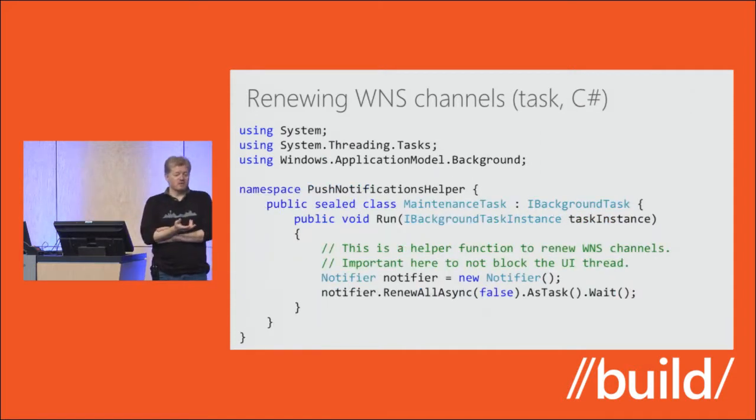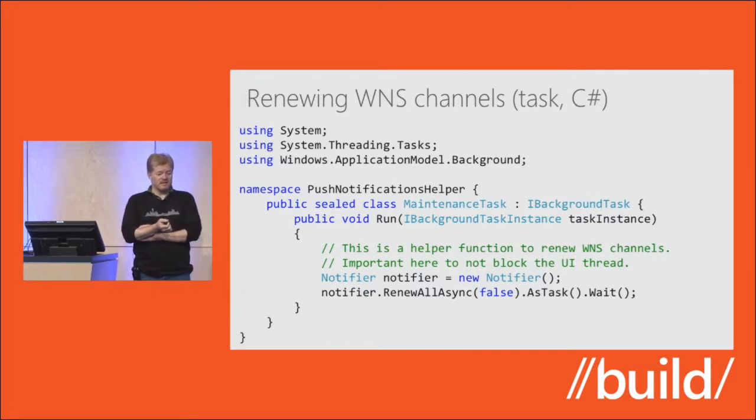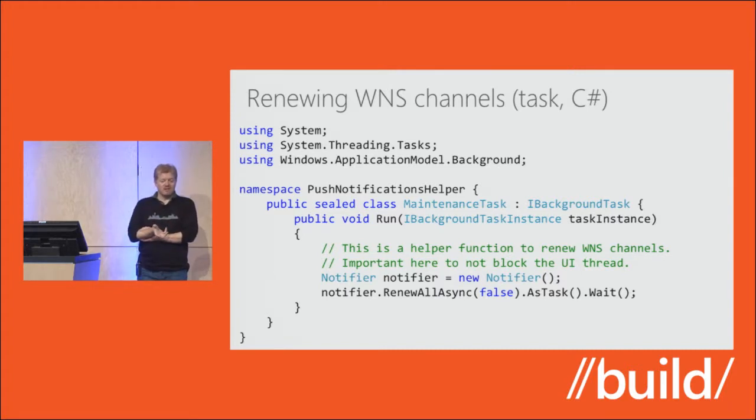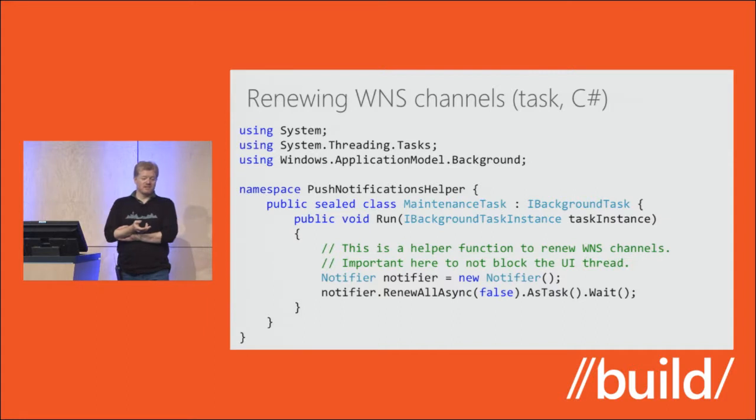Here's what that task would look like using a notifier helper library that's actually in the SDK samples as well. A background task, as I mentioned yesterday, if you were there, is basically a class that derives from IBackgroundTask, has one method called Run, and whatever you stick inside that Run method is what gets executed. Simple as that.